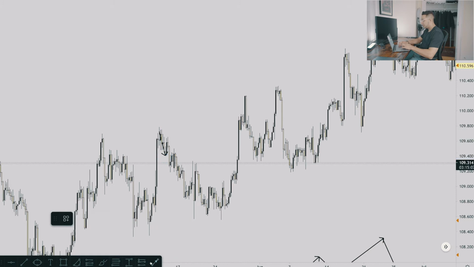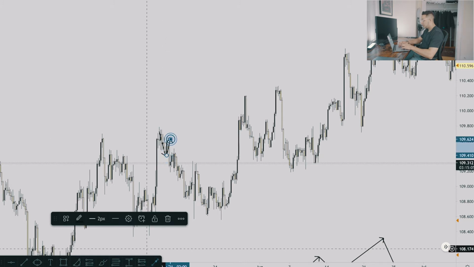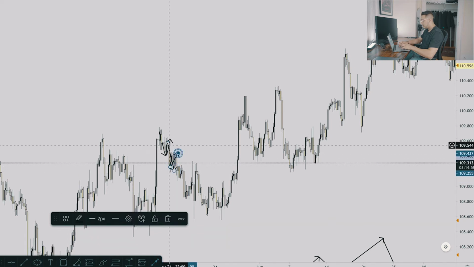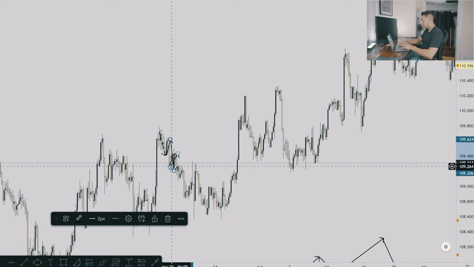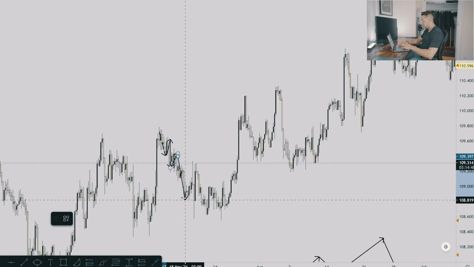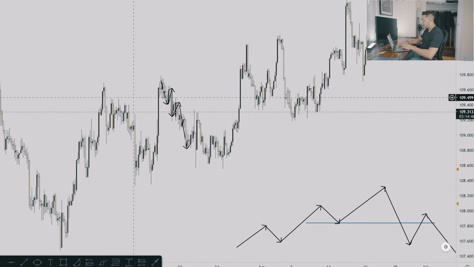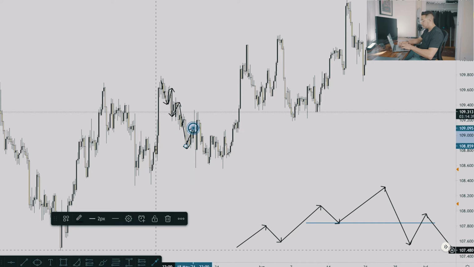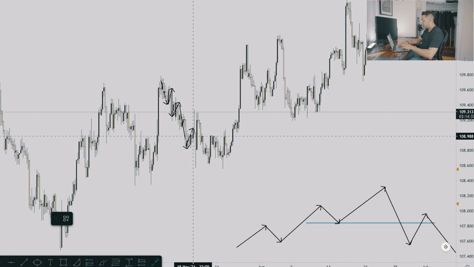A push, a lower high, a lower low, another lower high, and a lower low down here. And then push up, push down. Basically the example I just showed.